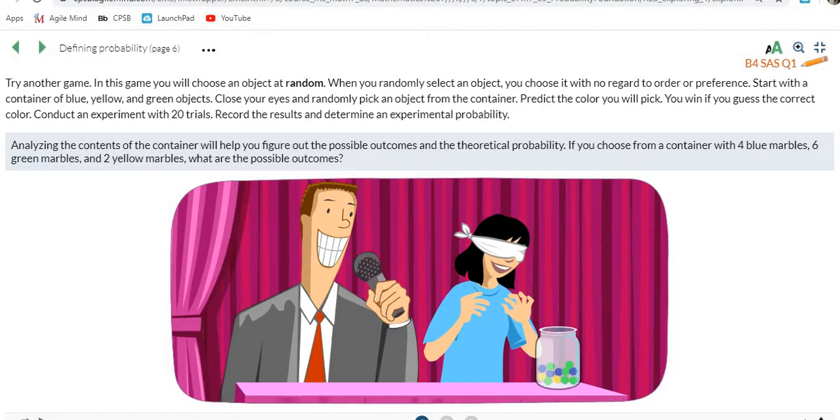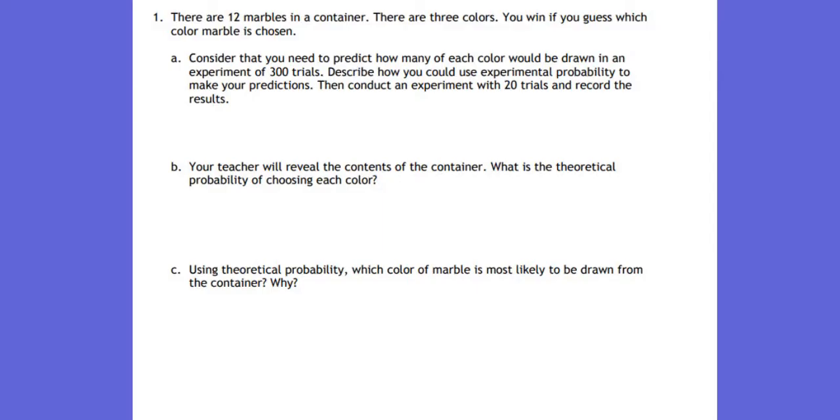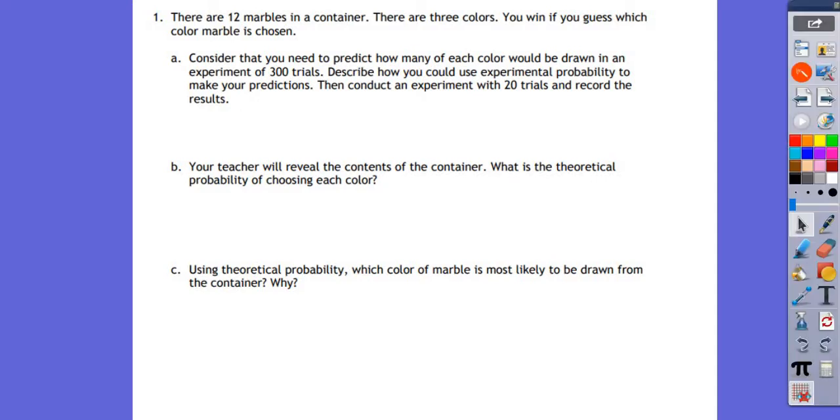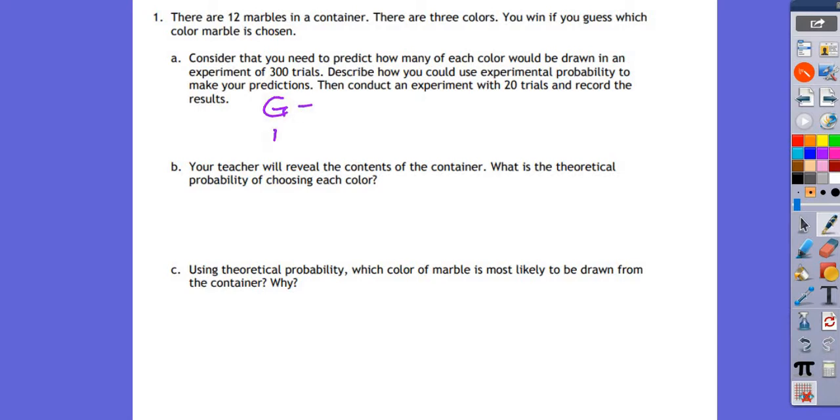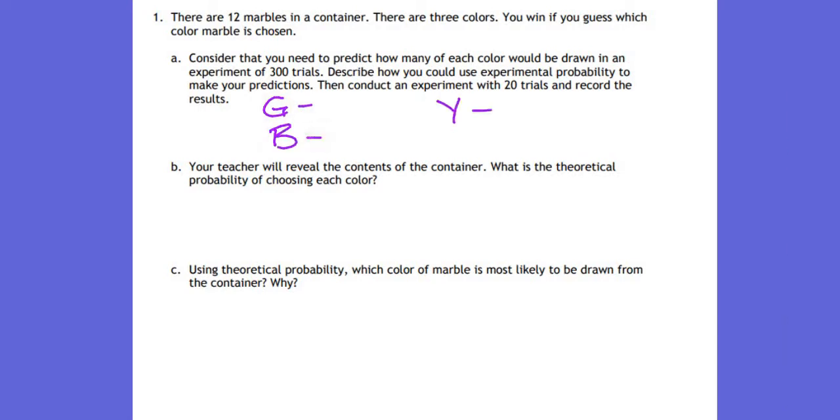So what I want you to do on A is to write G for green, B for blue, and Y for yellow. And I want you to predict in my container of 300 marbles how many of each color there should be: yellow, green, blue.